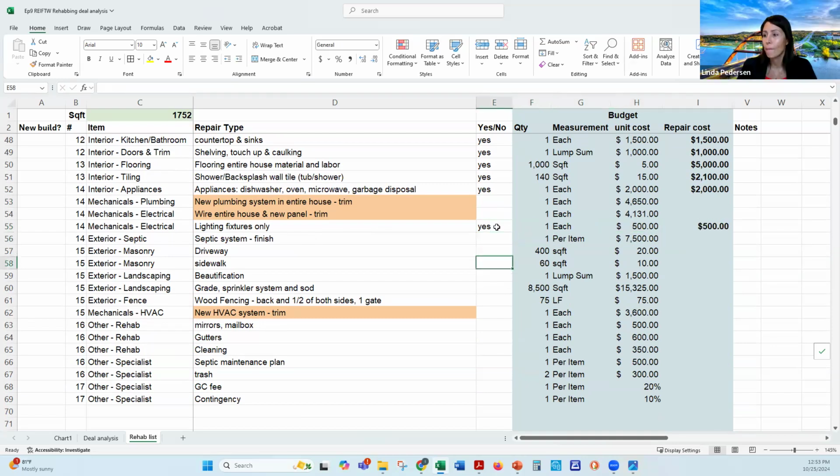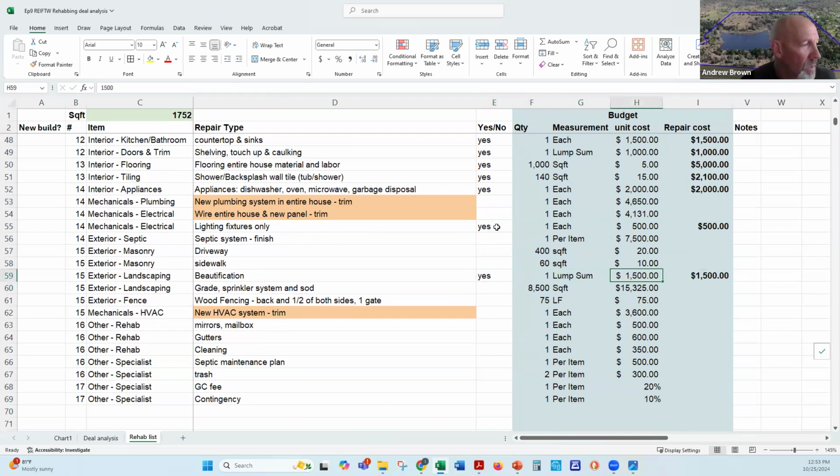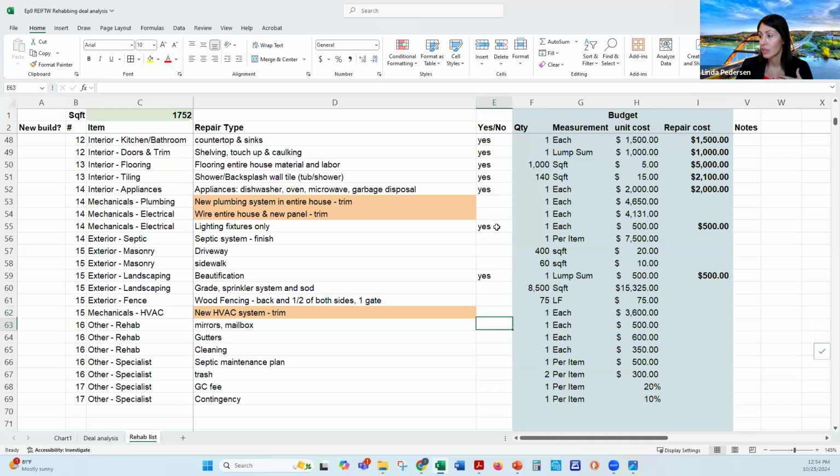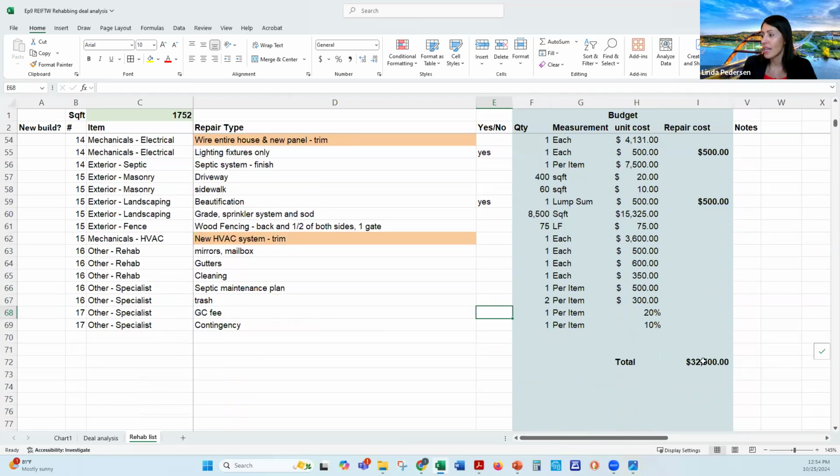In that neighborhood, the exact same house, 3 bed 2 bath, 1,215 square feet, just sold in the past year for 334.5. Yep, you got it. And then you GC'd it yourself, so there was no GC fee, right? So just at first blush, that's at 32.5.